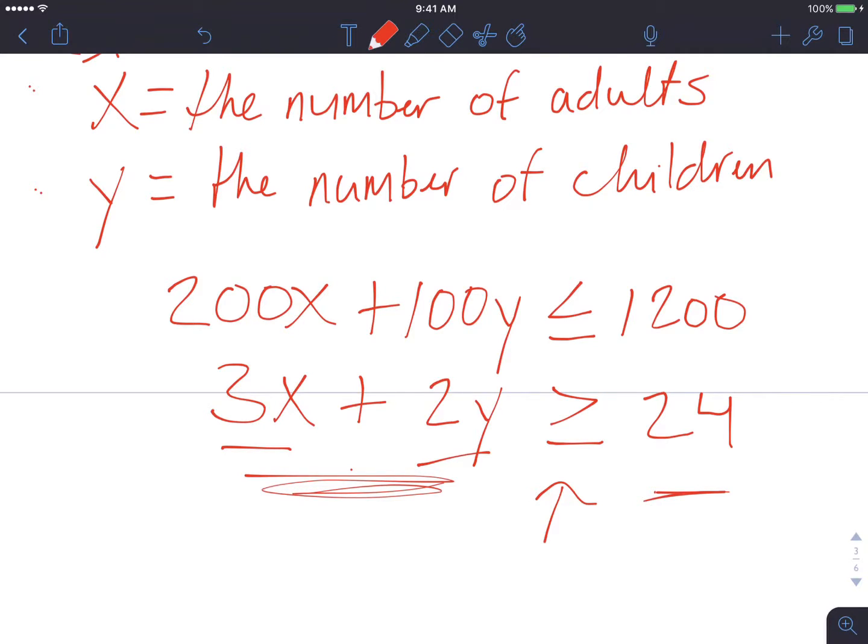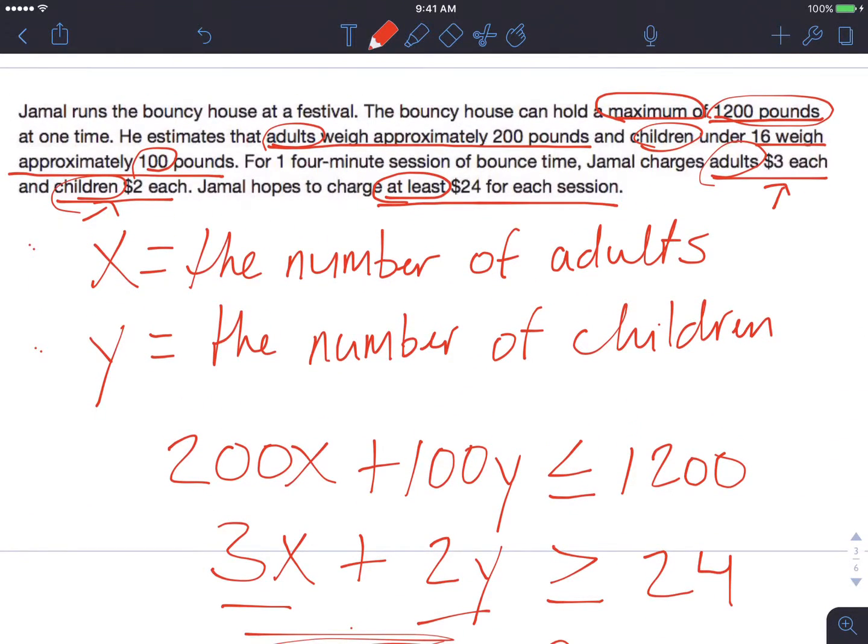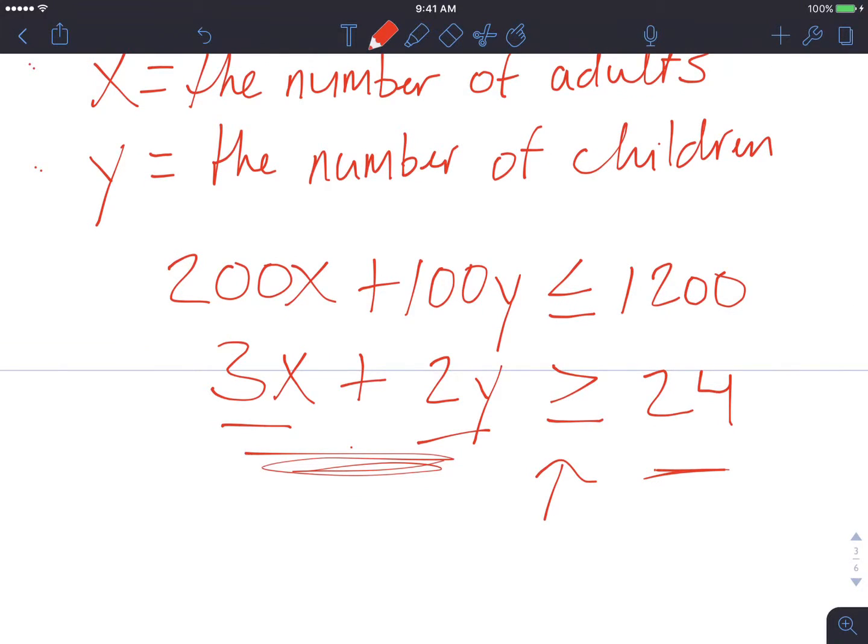If I tell you you have to pick at least 5 oranges, then what's the minimum amount of oranges that you need to pick? 5. You can pick more, but you need to have at least 5. And that's what this says when you're reading the question. At least 24 for each session. That's greater than or equal to. Okay? Let me erase this.